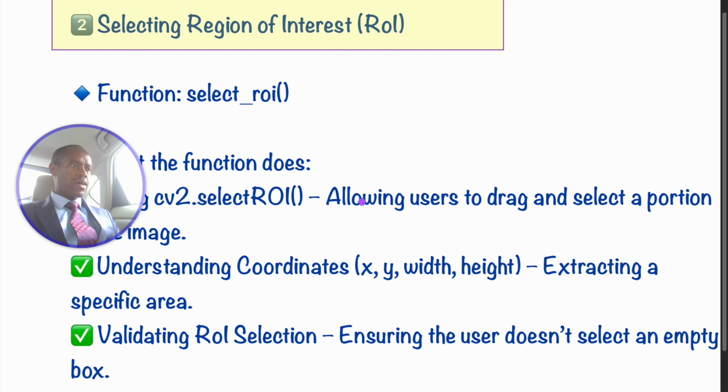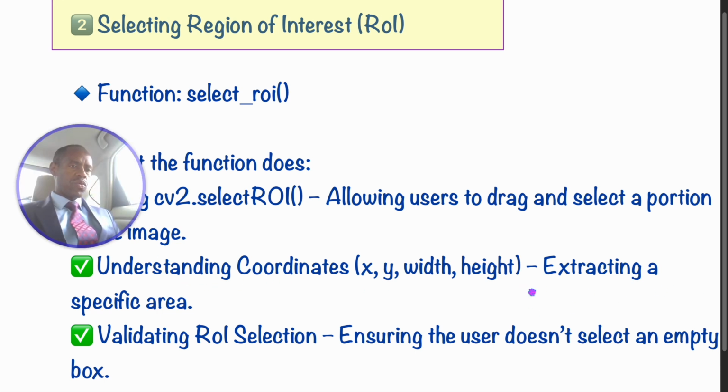This is the second functionality, selecting a region of interest. This is what we do in select ROI. In select ROI, we have this function, select ROI.